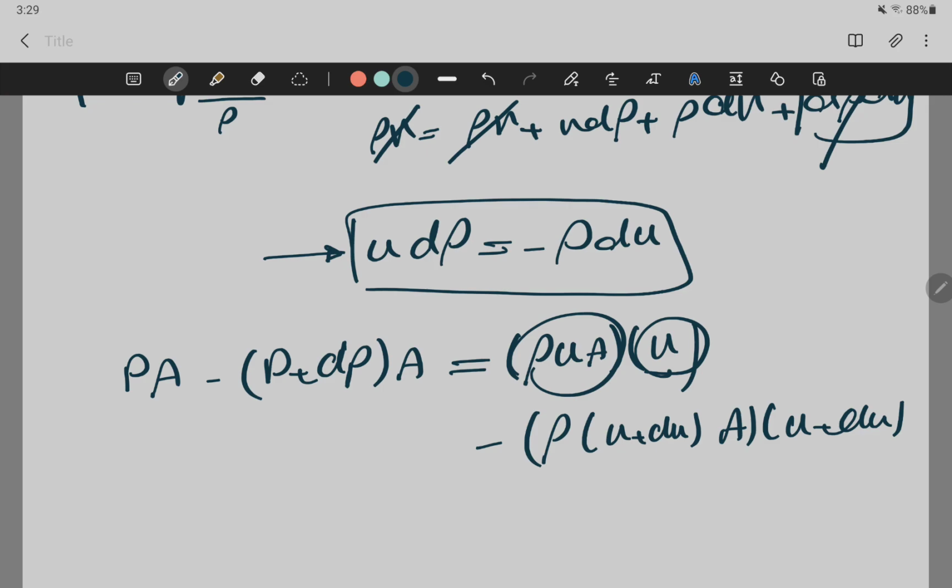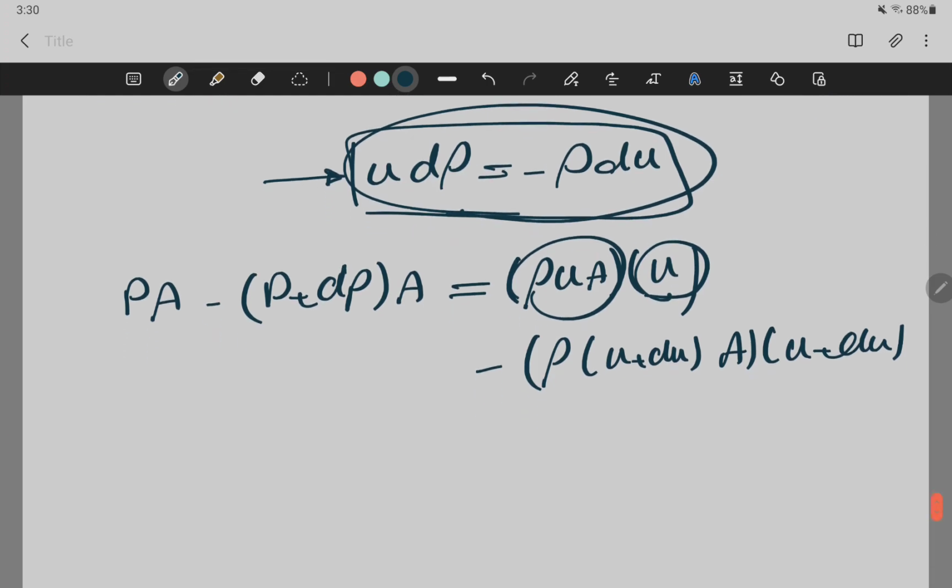Can we write just m dot? Yes, you can, but you eventually have to go back to this, because this is the relationship we are going to use here. Eventually, if you do all of the cancellations, this is what you are going to get. Rho u du is equal to the derivative of pressure.